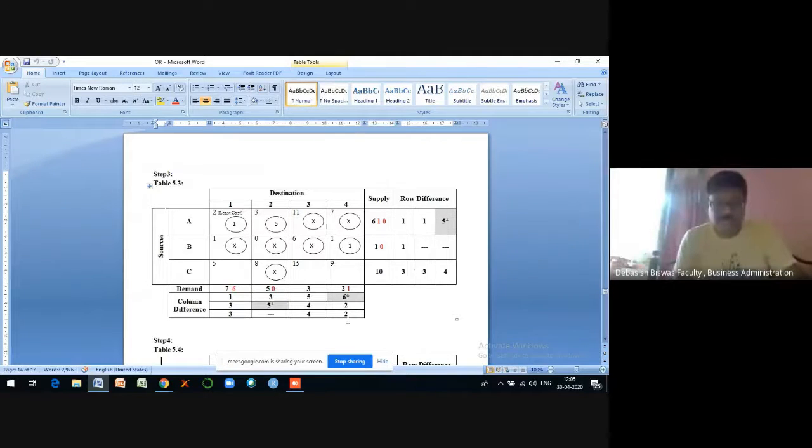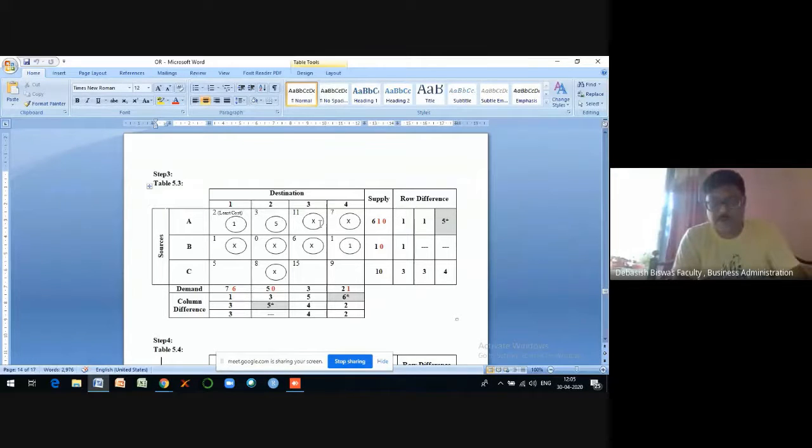So just the same procedure we are following. So out of these 1, 2, 3, 4 and 5 different units, now which one is the highest? 5 is the highest. Now go to the corresponding row.